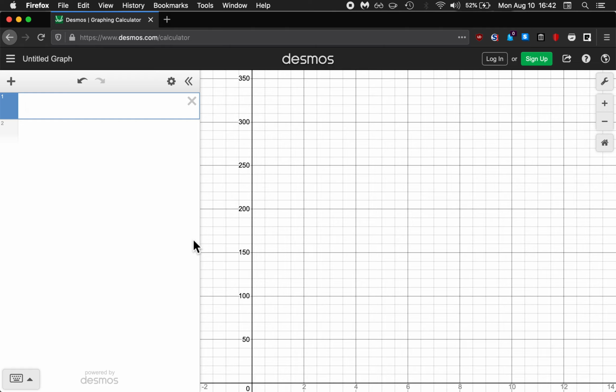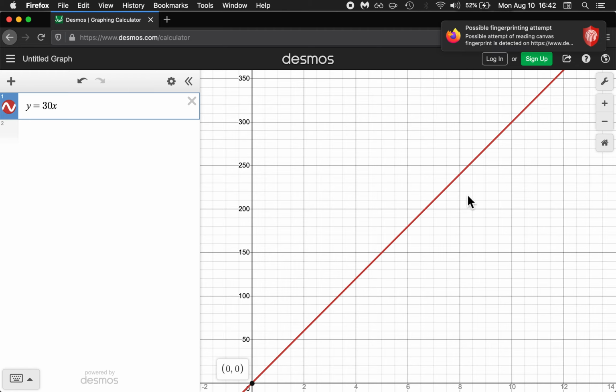So from 0 to 12 hours, every hour moves me 1/12 of the way around the circle, so that'll be 30 degrees. So y equals 30x. I see that I start down here at 0 degrees at midnight, and then I'm back up to 360 degrees at noon. That looks good.